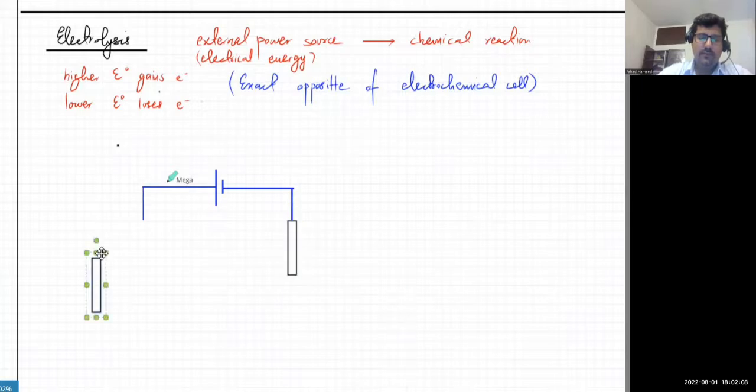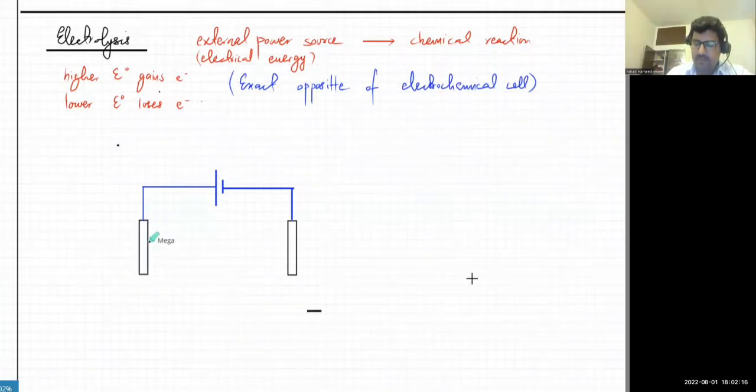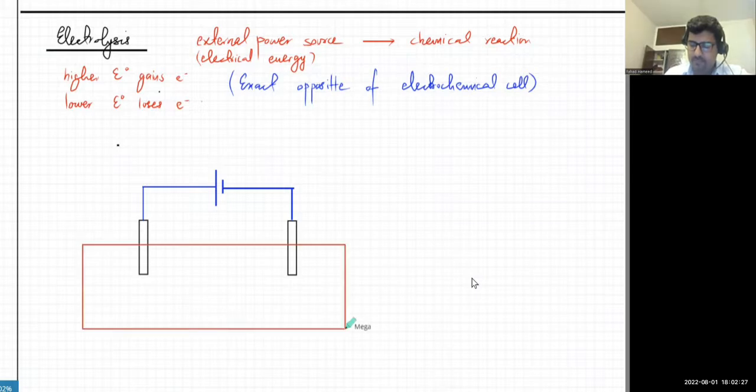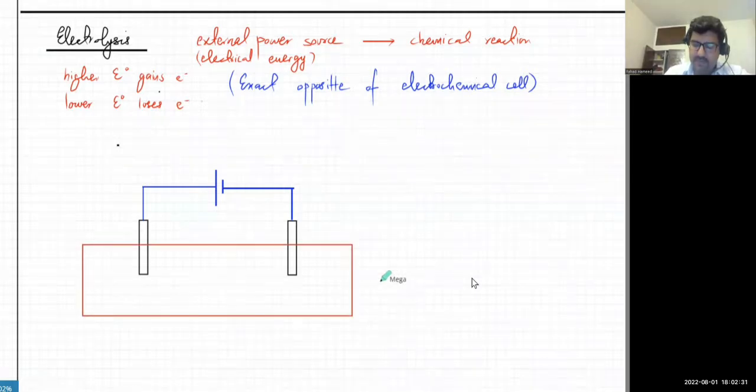Okay, this is our second setup. Let's assume at the moment that they're made out of platinum or some inert material. As in you've dipped them in a solution, and the solution has ions or substances in it.